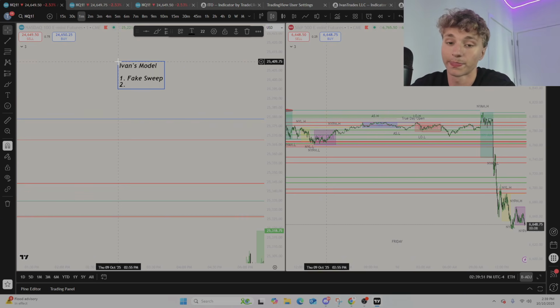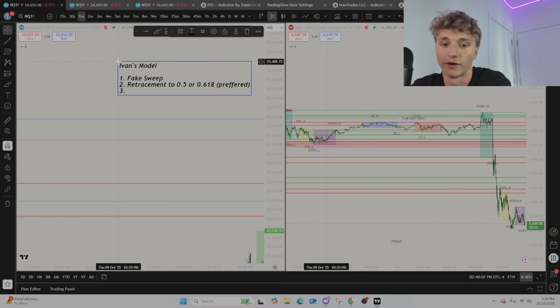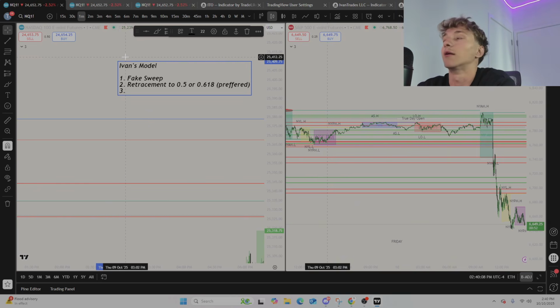Number two, and this is important, there is retracement to 0.5 or 0.618 preferred. 0.618 is preferred. If it taps it and it holds it to a T, it's usually going to be even better. And lastly, entry can be taken off fib or level.